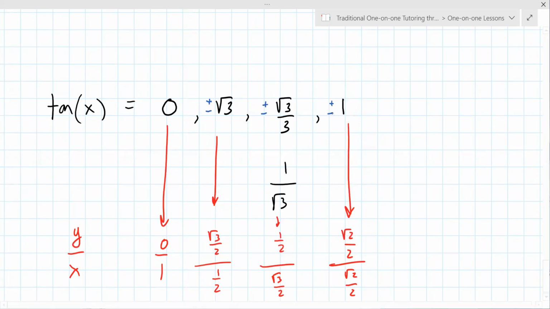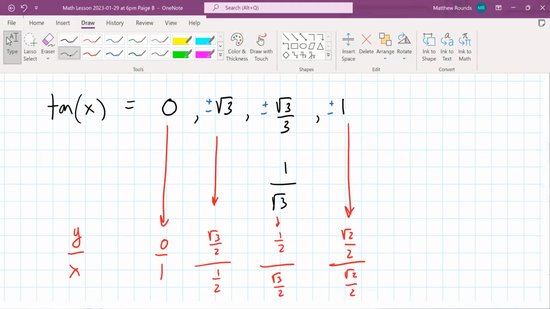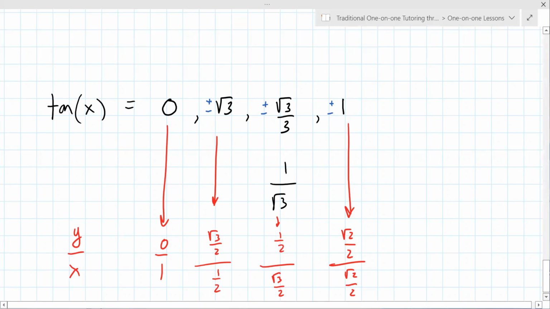It could also be the case that if one of these is negative, the other one's negative. That's where this really gets hard. So let's do a problem here so you can see this. Let me know if you've got all this down.